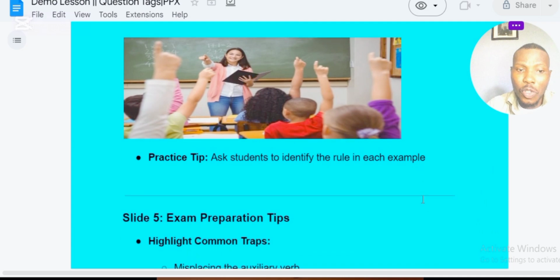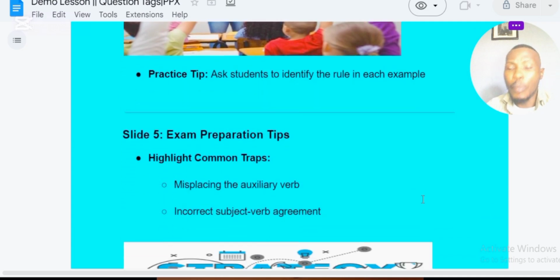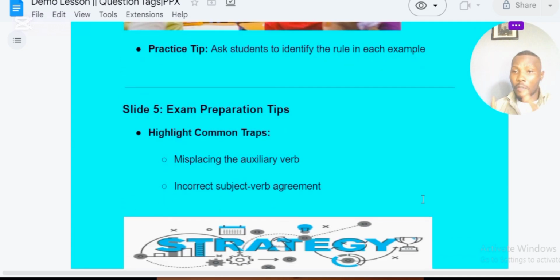Now let's look at some exam preparation tips. For exam preparation, I would suggest that you avoid misplacing the auxiliary verb, and also you have to be careful with incorrect subject-verb agreement. Incorrect subject-verb agreement is when the subject does not go well with the verb.